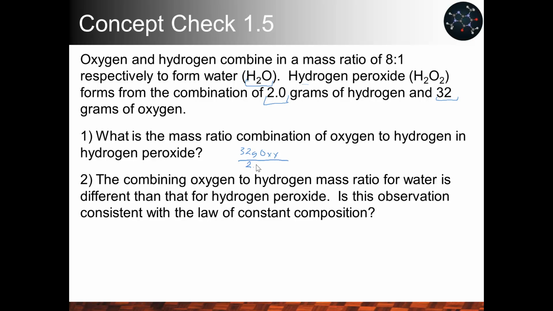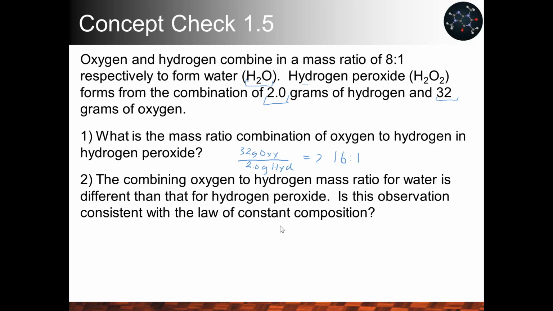Well, I said we had 2 grams of hydrogen. So that means that we actually have a 16 to 1 ratio. Different than the 8 to 1, right? And why? Well, we have twice as much oxygen. And so this combining oxygen to hydrogen mass ratio for water, it's different.